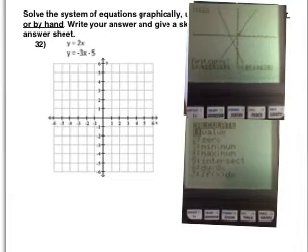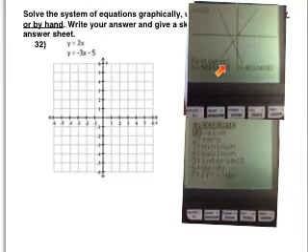After you've pushed intersect, you'll see what's on the top picture now. It'll say first curve. You push enter on your calculator, and then it's going to say second curve. It'll also give some points. Then you push enter again, and then it'll say guess.